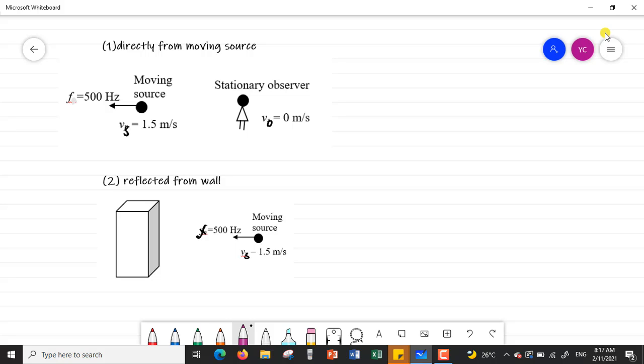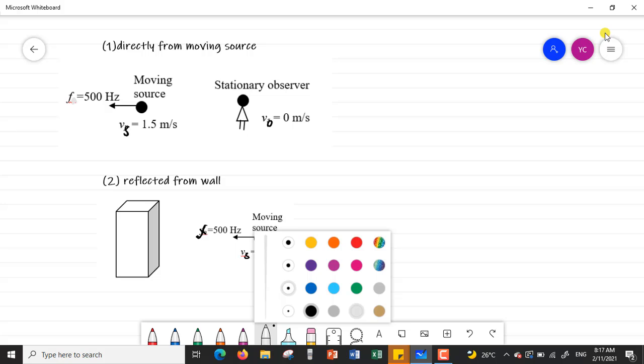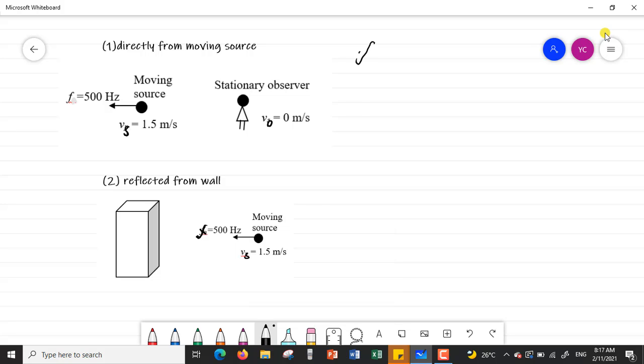So I take out the equation for Doppler effect. So we have the apparent frequency will be, in bracket, V plus minus velocity of observer divided by V minus plus velocity of source, multiplied by actual frequency. So what is the correct sign for velocity of observer and also velocity of the source?